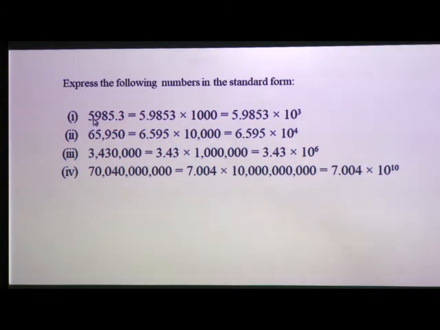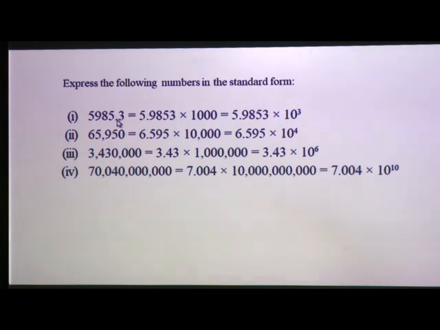So, if it is given as 5985.3, I have to write this in exponential form. As I told you, we have to put the decimal point after the first digit, that is 5.9853.